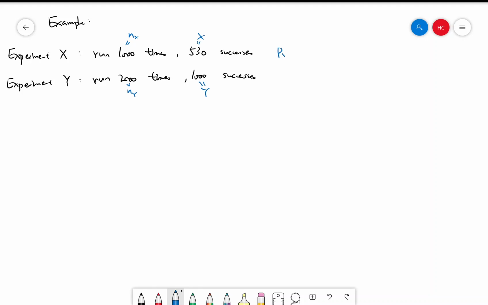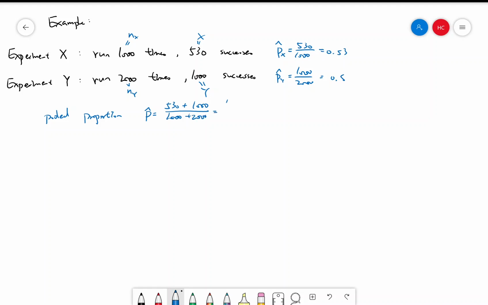So our p_x hat is equal to 530 over 1,000, which is 0.53. And p_y hat is 1,000 divided by 2,000, which is 0.5. And the pooled proportion, which we'll need for the null distribution, is p hat equals (530 plus 1,000) over (1,000 plus 2,000).